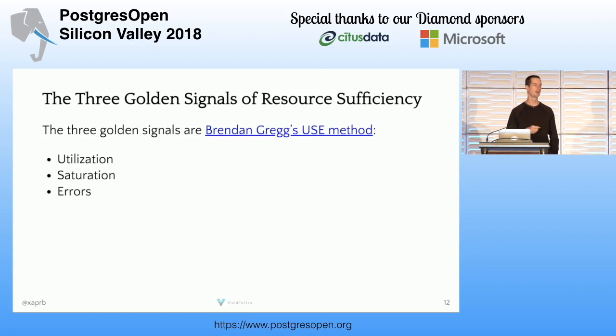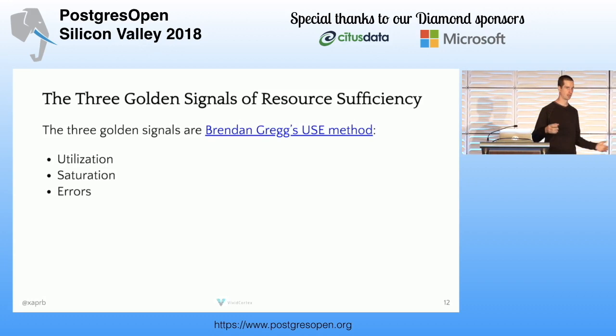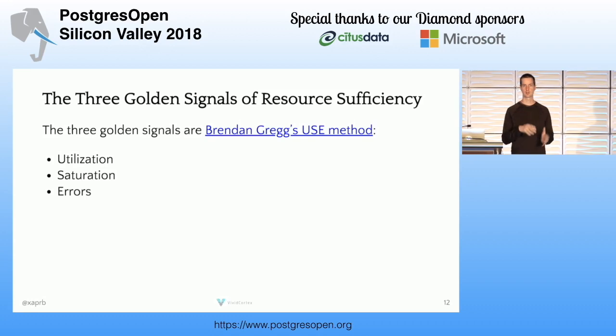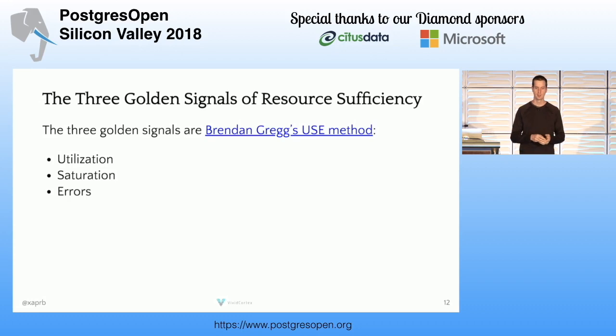And Brendan Gregg has put together a handful of resource and server-centric ones called the USE method: utilization, saturation, and errors. When you look at any system or subsystem, its components or whatever, you can apply this method and figure out if that system or subsystem is struggling and exactly where.